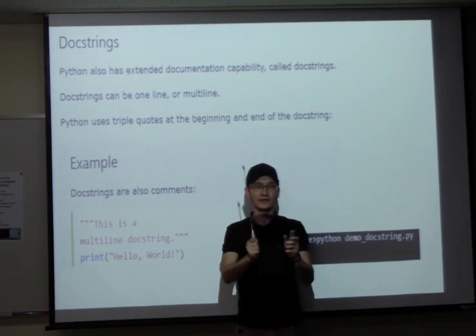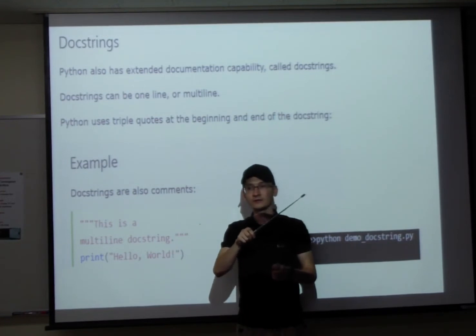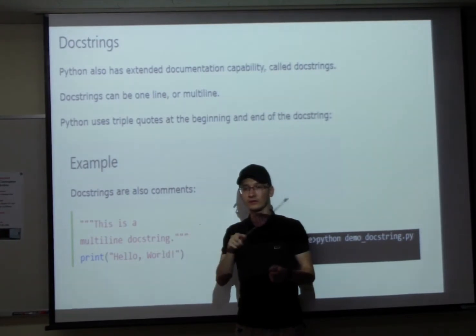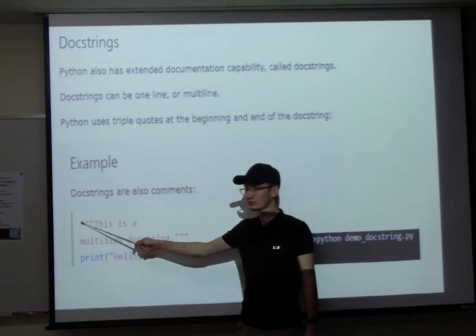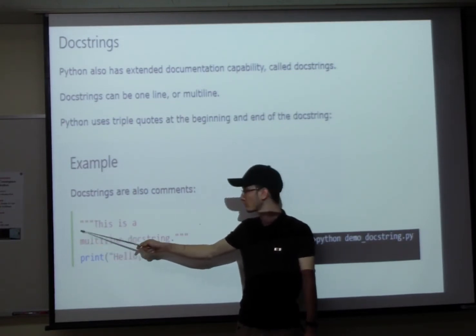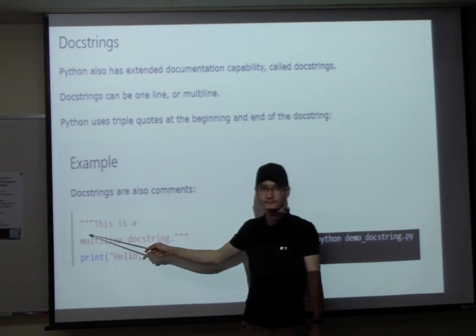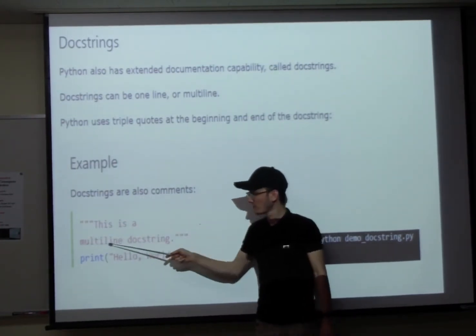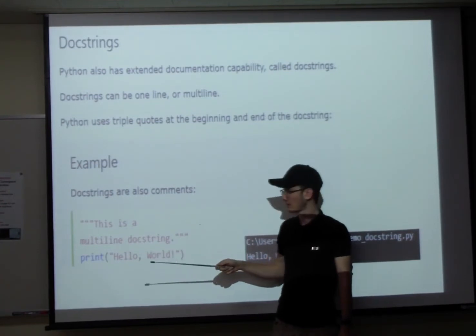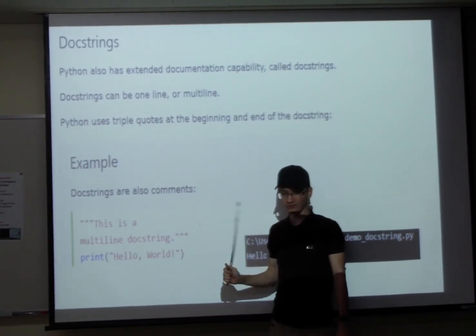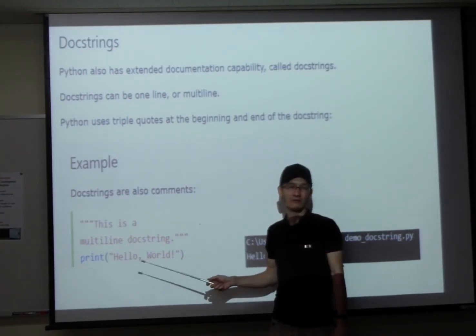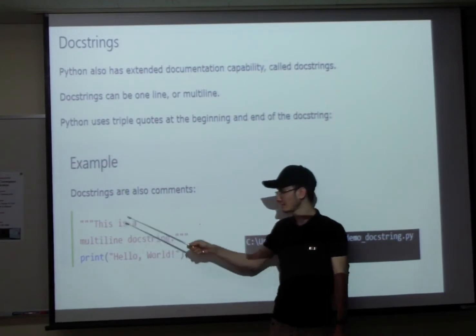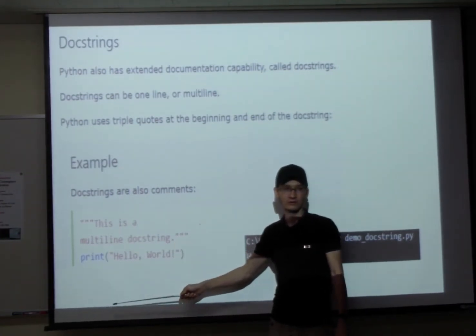If you use this sharp character, you can write a comment, only one line. If you use 3 quotation marks, now you can write multi-line comments. It's not important how long your comment is. You can write longer.